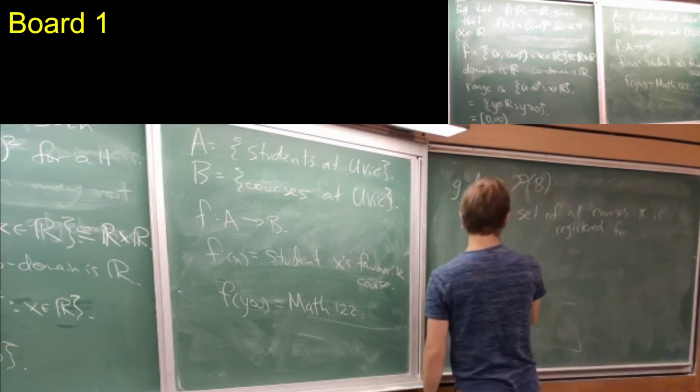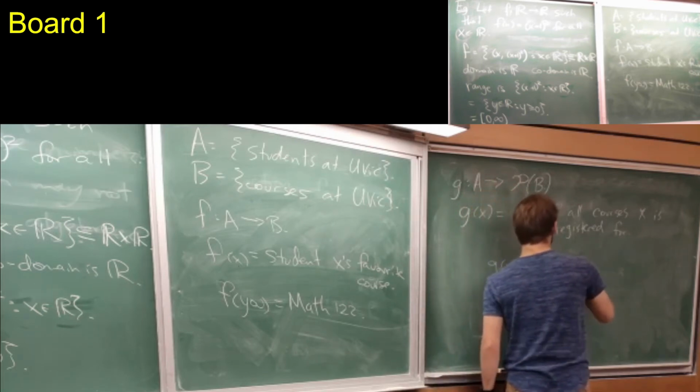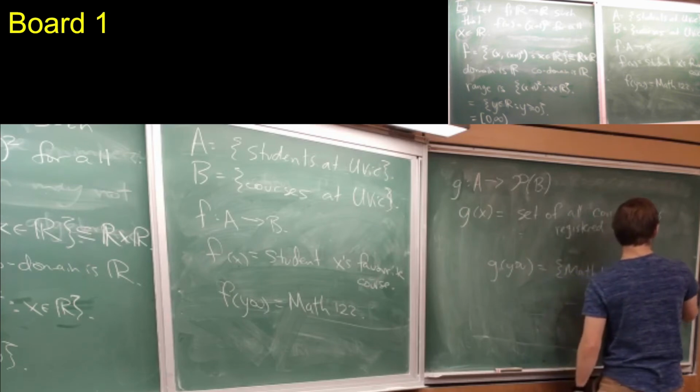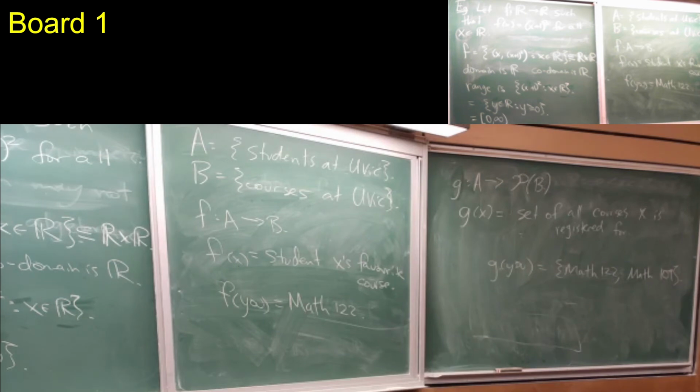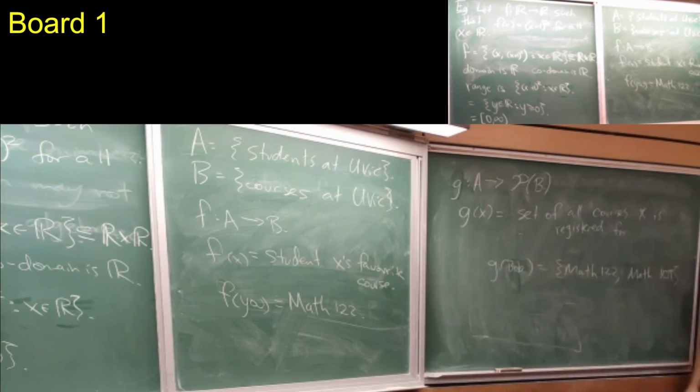So G of U might be math 122, math 109. Maybe nobody has exactly these courses, but maybe there's somebody called Bob in another section, and they're taking these 2 courses.